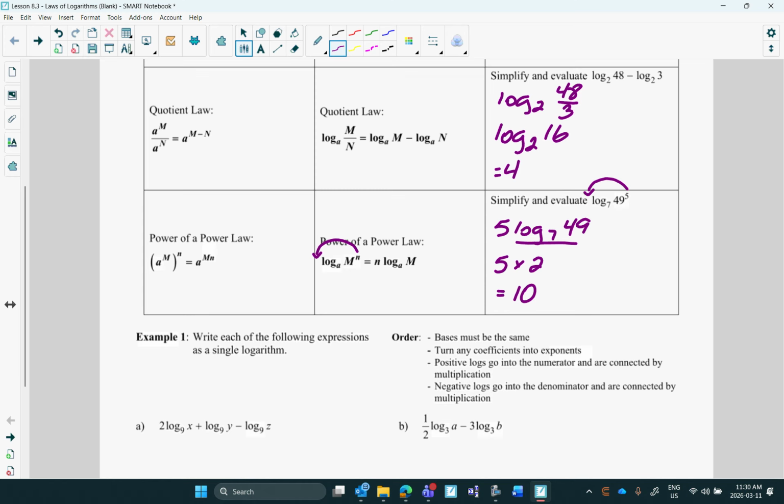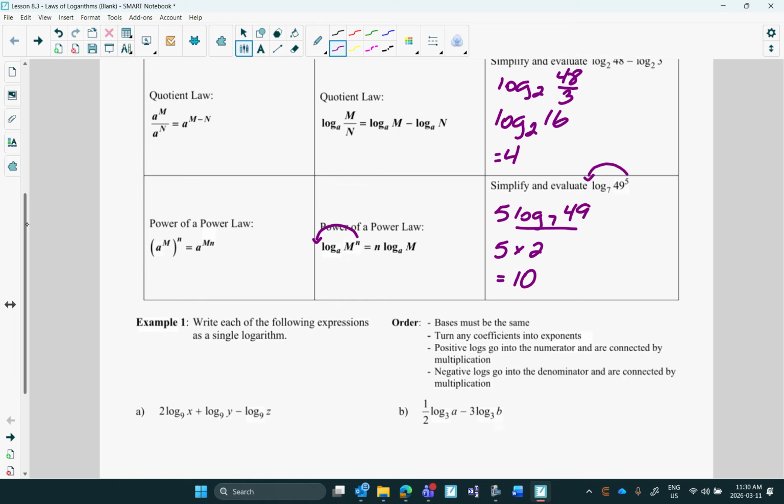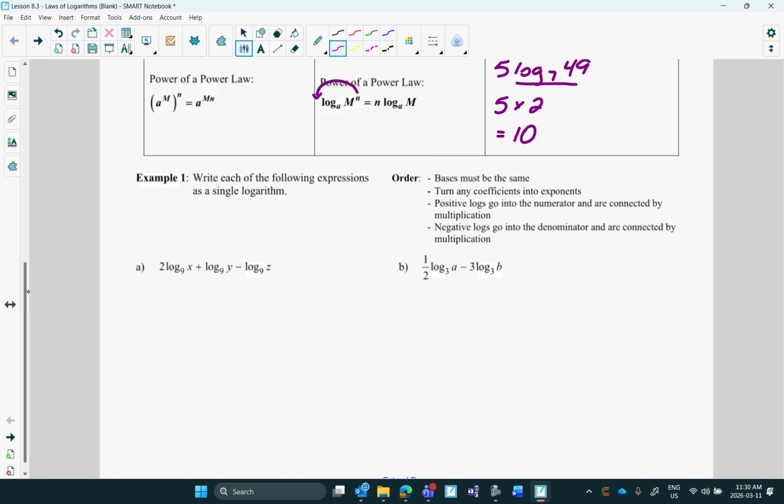Now, not only can we use the log laws to evaluate logs, but we can also use them to simplify or expand logs. And we may have to use more than one log law. Think about it this way. Okay? First thing I'm going to do, if there's any numbers in front of the logs, I have to use this law.